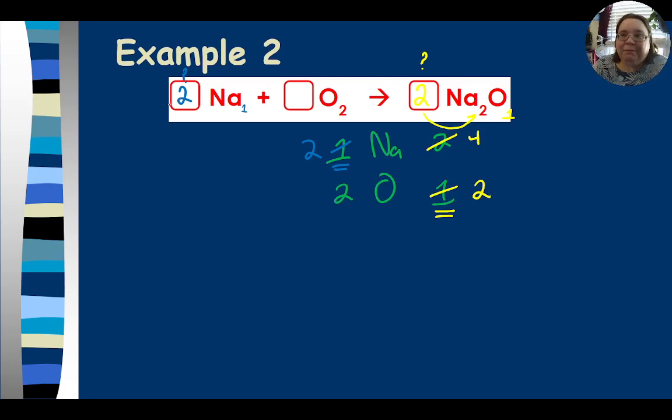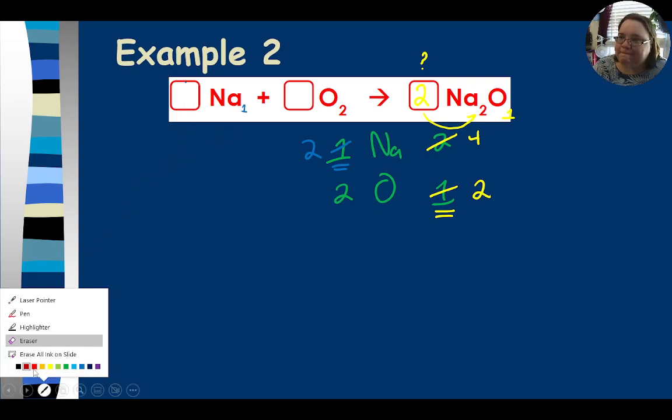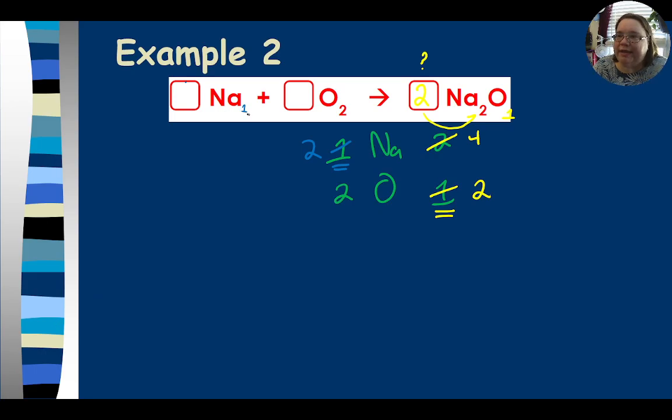Now, since I have a number here, I'm just going to erase it for a moment, and I'm going to go back to the beginning. And I'm going to find my least common multiple between the 1 and the 4. So I need both sides to equal 4.